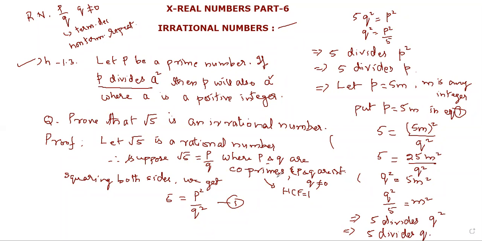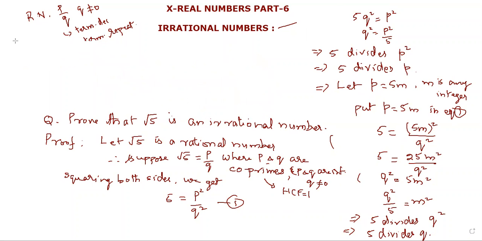So when 5 divides p as well as 5 divides q, that means their HCF is not 1, they have common factors. It is concluded that 5 divides both p and q.